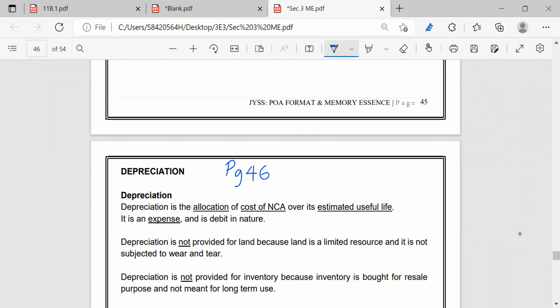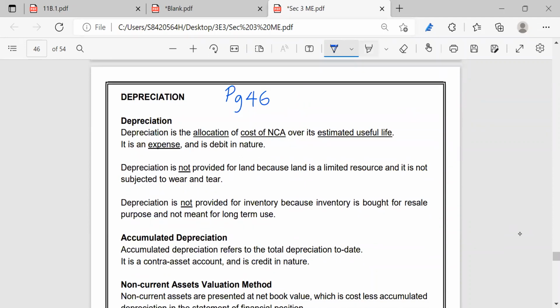Definition wise, depreciation is the allocation of your cost over its estimated useful life. The question will give you the number of years of useful life: 5 years, 10 years, even 20 years. Basically it is an expense, so it's debit in nature.